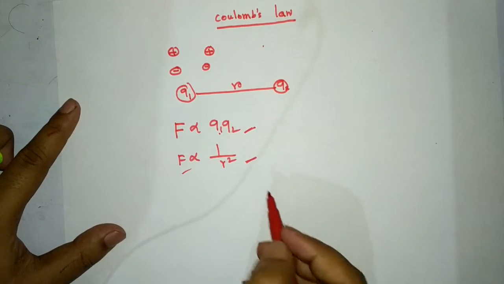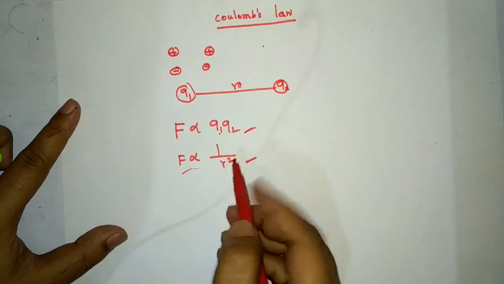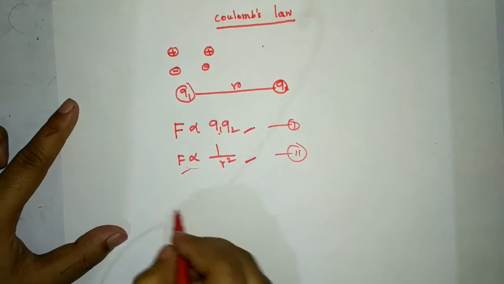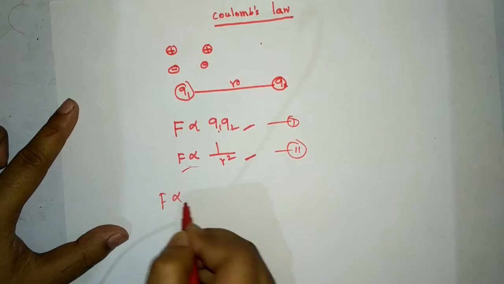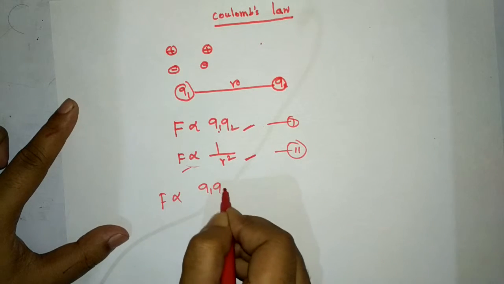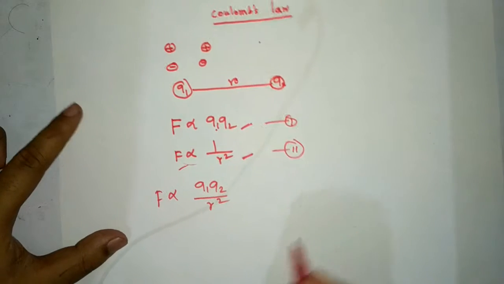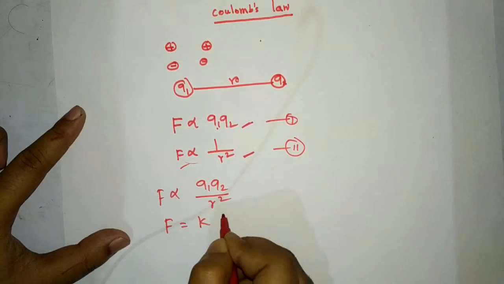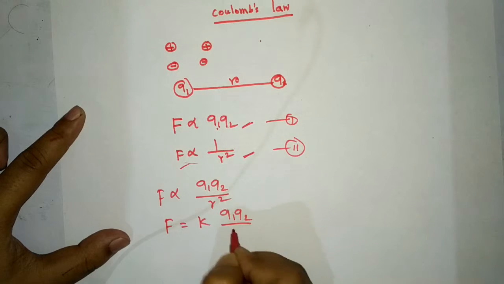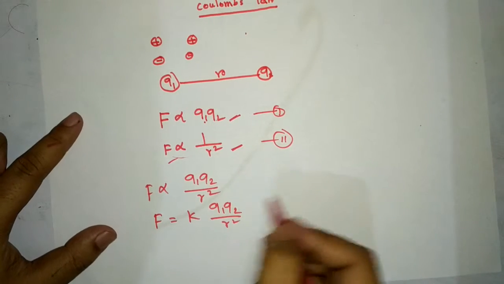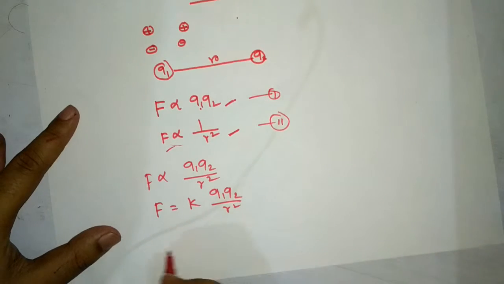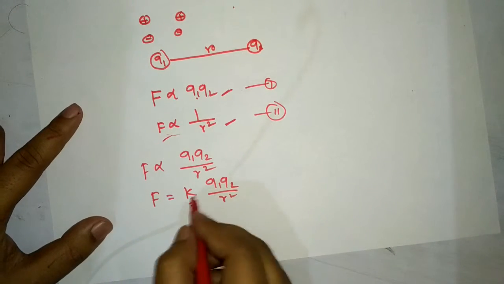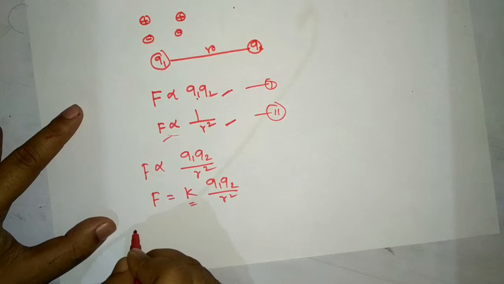Now, if we combine equation 1 and equation 2, we can write F is proportional to Q1 Q2 by r square, or F equals a constant K into Q1 Q2 by r square. This constant has two values.